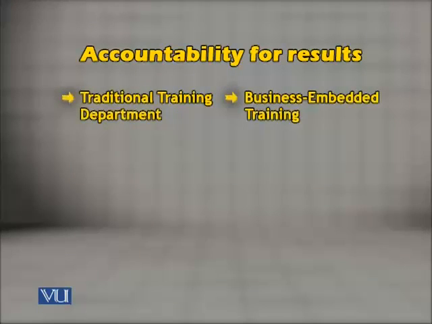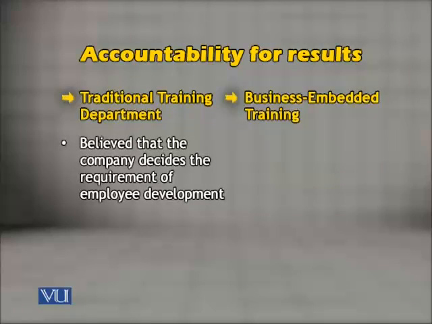And finally, the last dimension on which the two types of training models differ is the accountability for results. Where is the accountability for results focused? So in a traditional training model, it is believed that it is the company that decides the requirements of employee development.